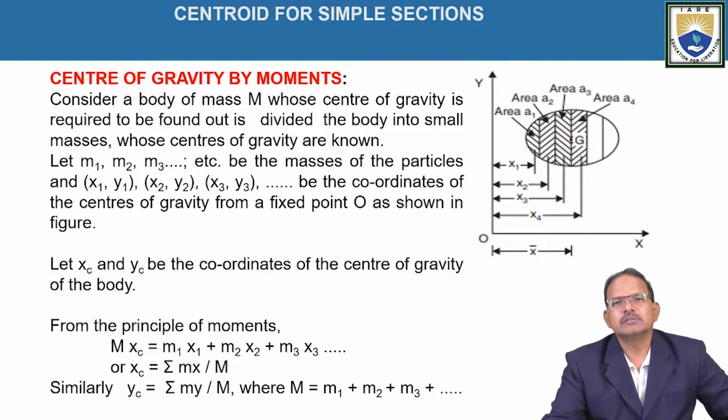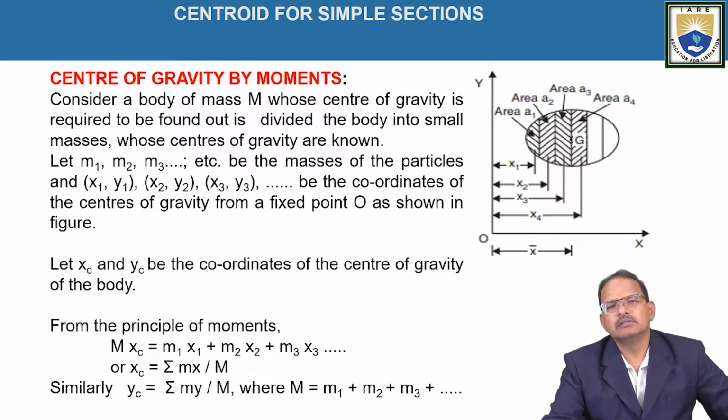It is divided into some number of segments having masses m1, m2, m3, and the center of gravity of each element is located at distances x1, y1, x2, y2, x3, y3 according to the reference lines x-axis and y-axis as shown in the figure. Then the centroid of the whole figure is obtained by using the law of moments.